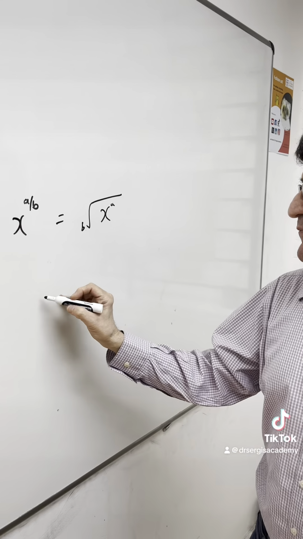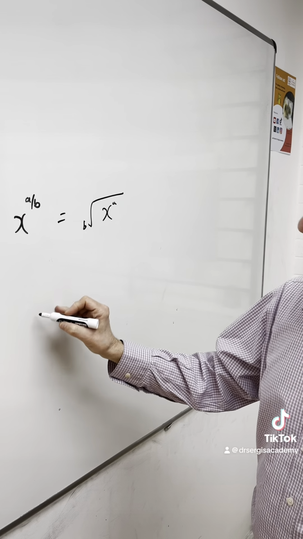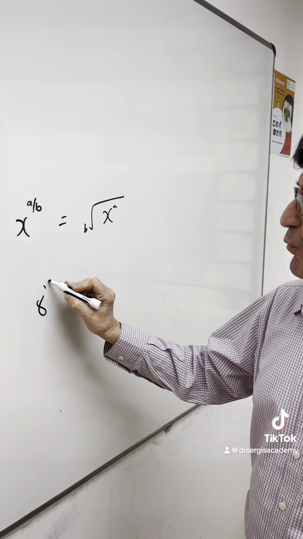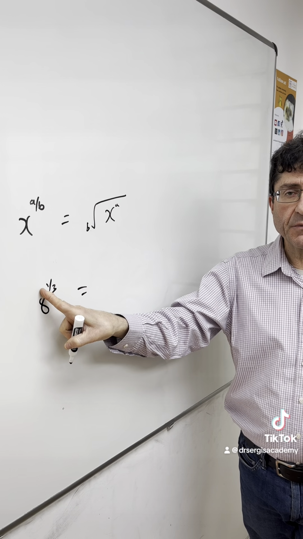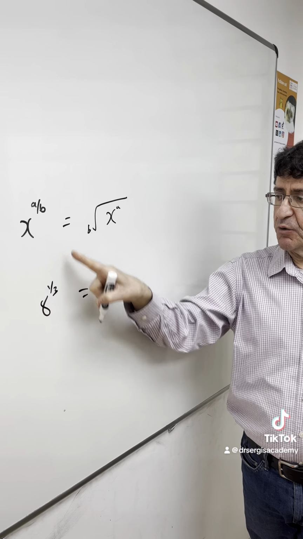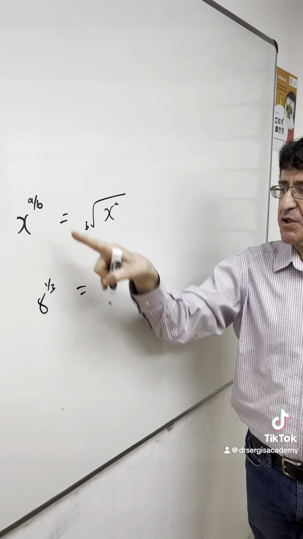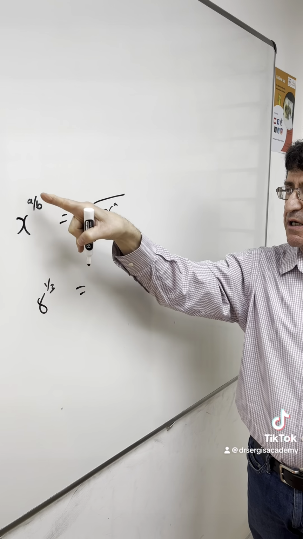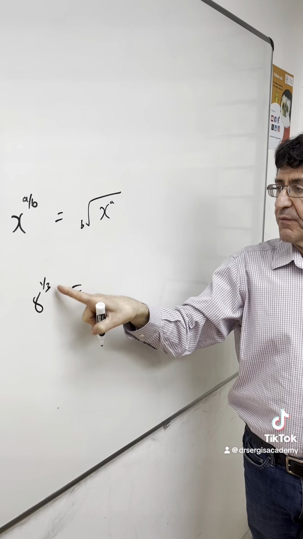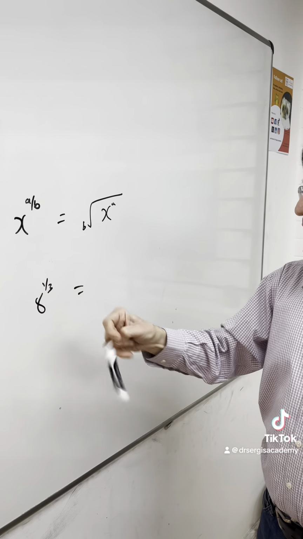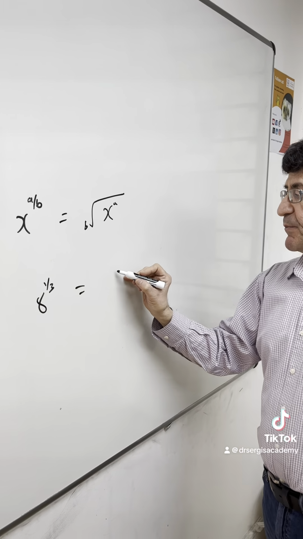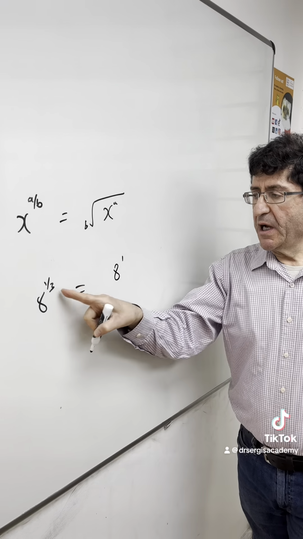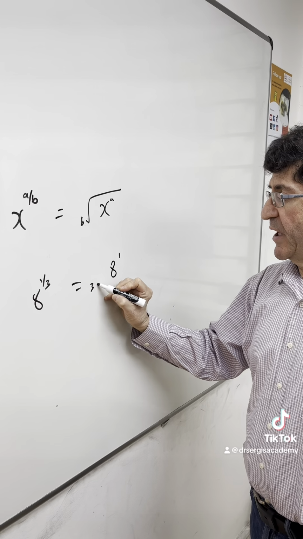So if I said 8 to the power of 1 over 3, here our a is 1 and our b is 3, by comparing this generalization. Remember the numerator makes the power, that's 8 to the power of 1, and the denominator makes the root.